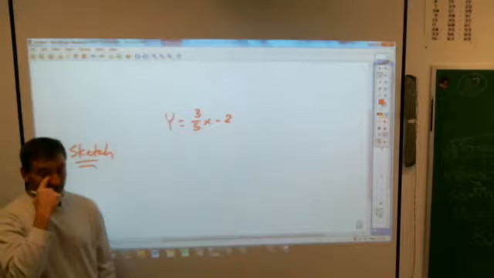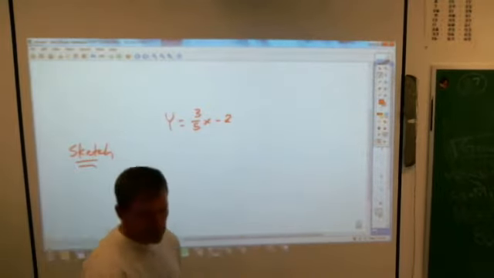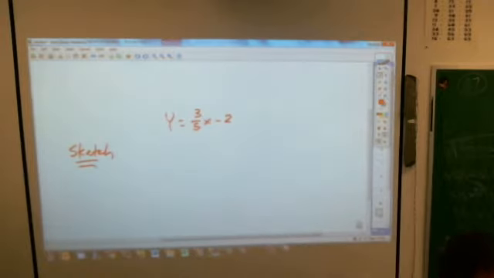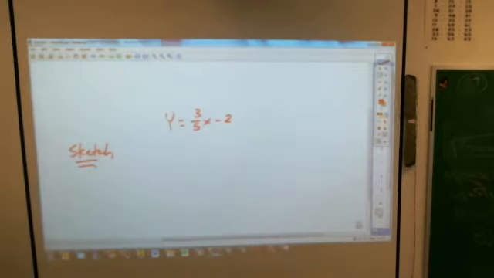You're not freehanding them, just use the squares you're given. It gives you easy places to put the points. Show me the line you get when you sketch y equals 3/5 x minus 2.